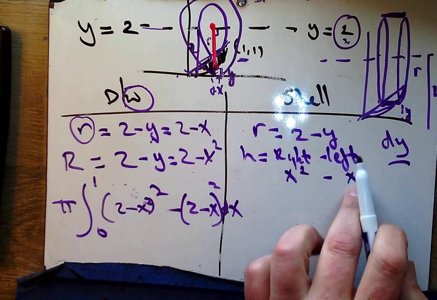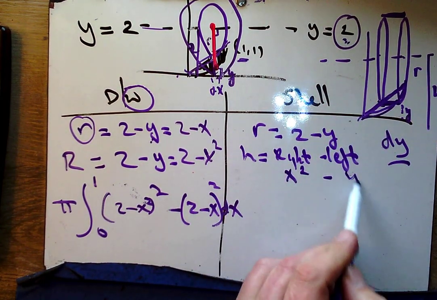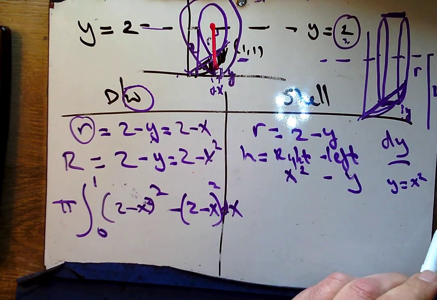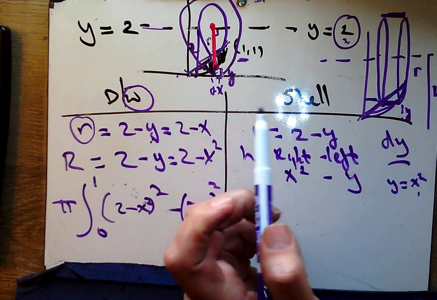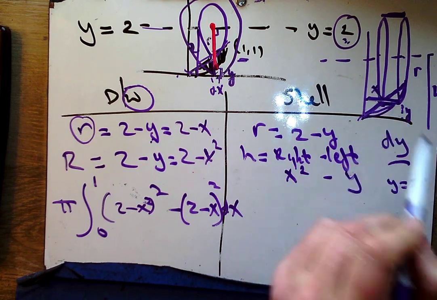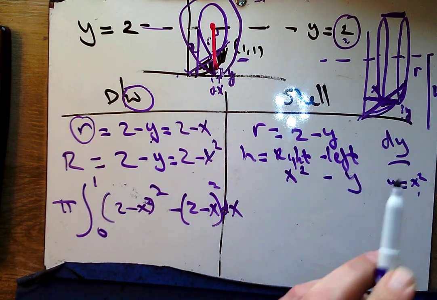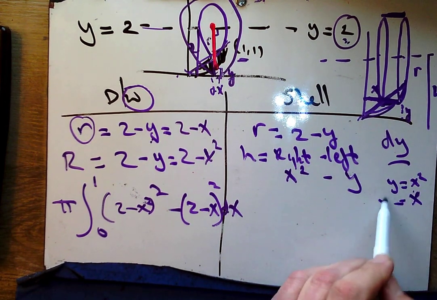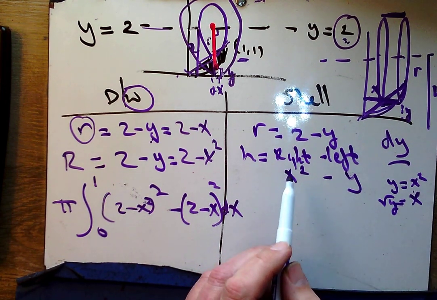Well, that's easy here, because on this line we know that y equals x. But over here, y is equal to x squared, and I know that this distance is the x value to that point. So I want to take that and solve it for x. X would be equal to the square root of y.